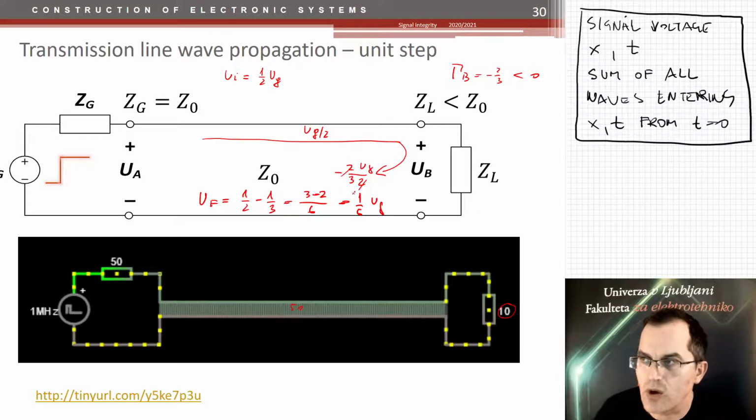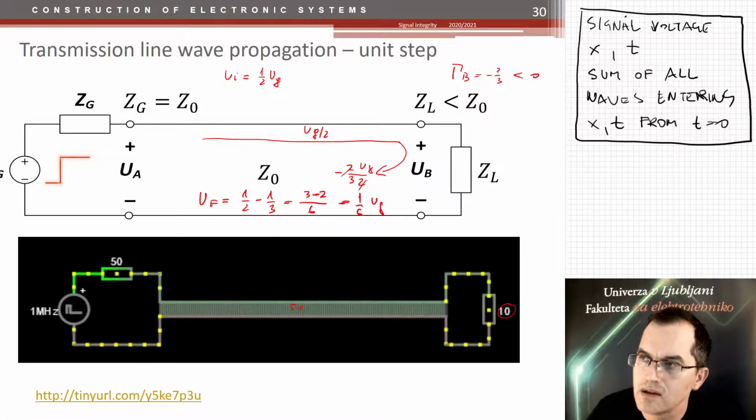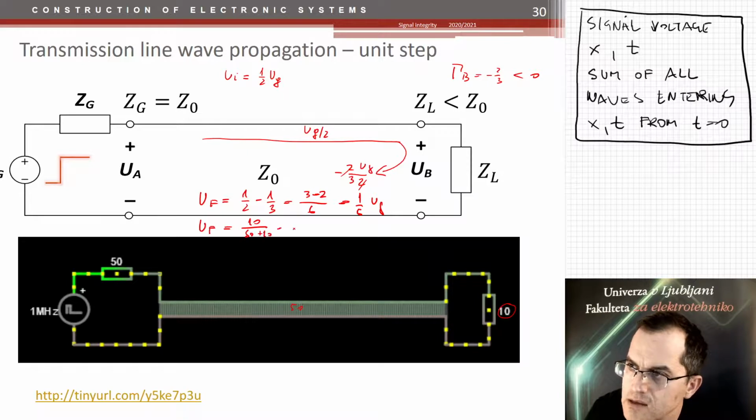Okay, so how can I get this value differently? Because now I use this rule of up there, signal voltage, sum of all waves entering, and so on. I can also calculate the final voltage just by using a voltage divider. 10 ohms over 50 plus 10 is 1/6 of the generator voltage.